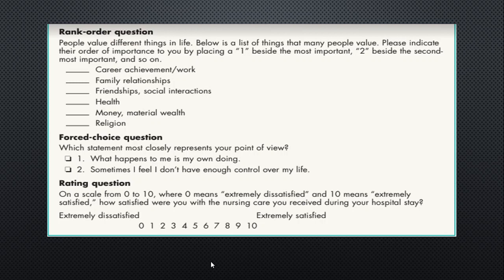So you just circle or select the appropriate number that corresponds to your answer to that question. That is a rating question.